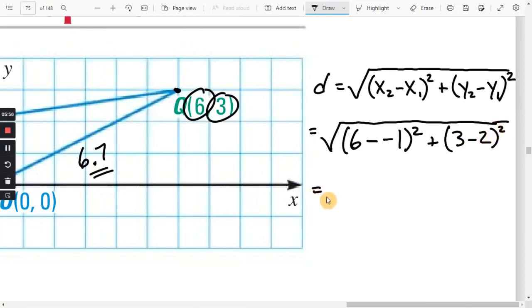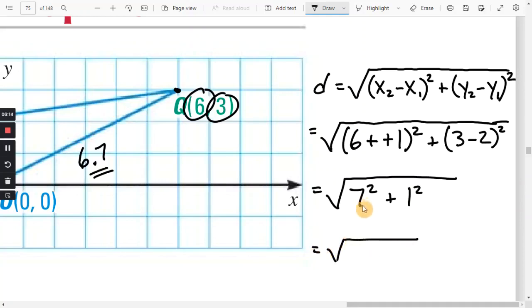Okay, we'll do the square root first. The two negatives make it positive. So 6 plus 1 is 7, and that's squared. 3 minus 2 is 1, and that's also squared. 7 squared is 49, plus 1 squared is 1. 49 plus 1 is 50.